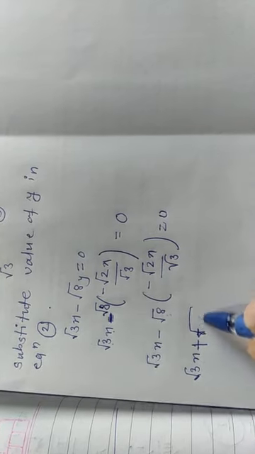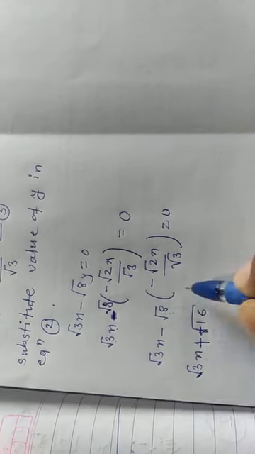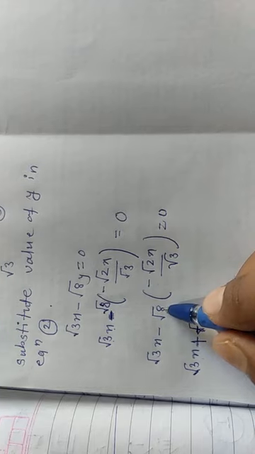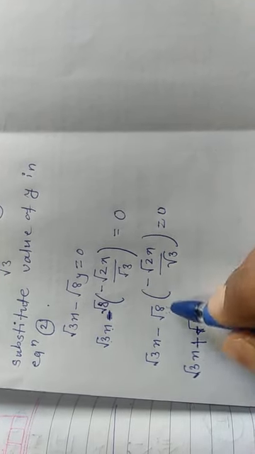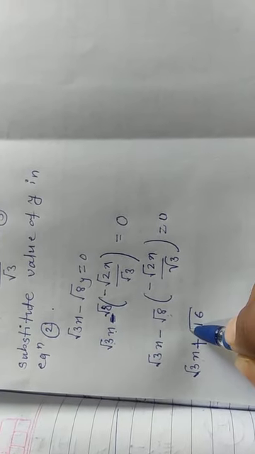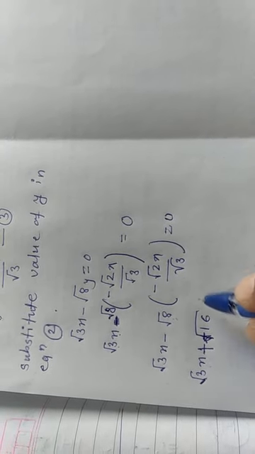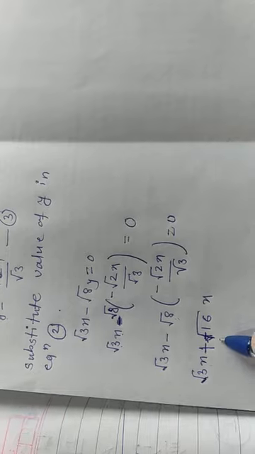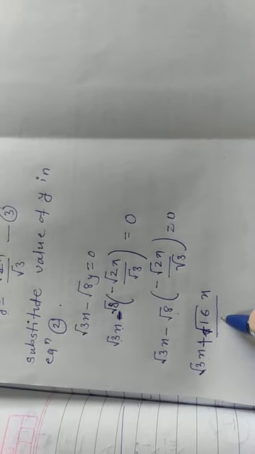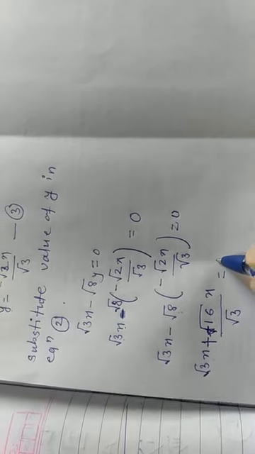Root 8 into root 2 will get root 16, because this number is also there in root, this number is also there in root, we can directly multiply this number, so we will get root 16, that is root 3x plus root 16x upon root 3 is equal to 0.